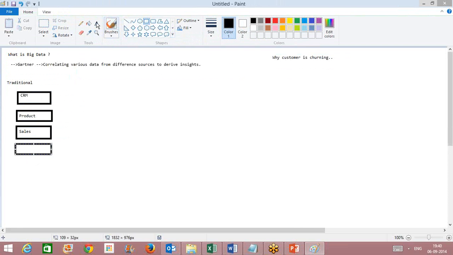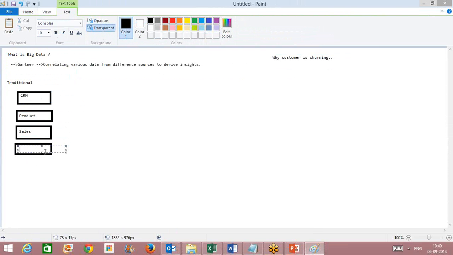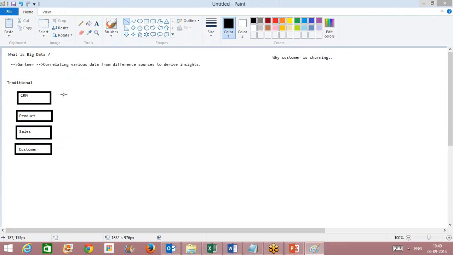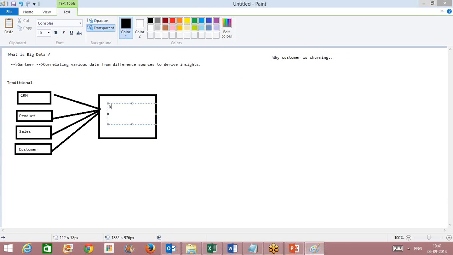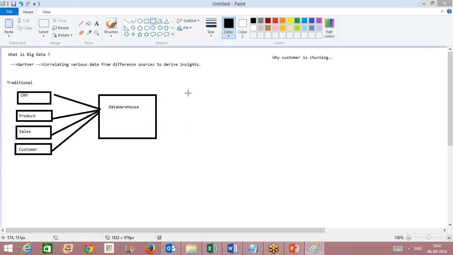Okay, so today what are they doing? They are using all this data. They are bringing this data to an operational store, so they are bringing it together at one place. You could call this a data warehouse for now, and then they create data marts which solve certain specific problems.